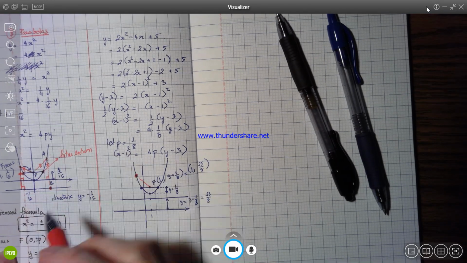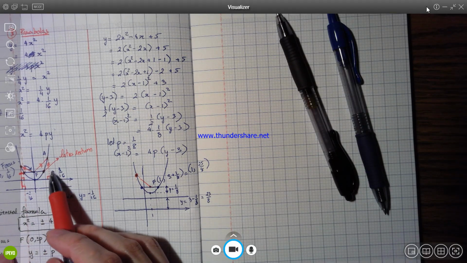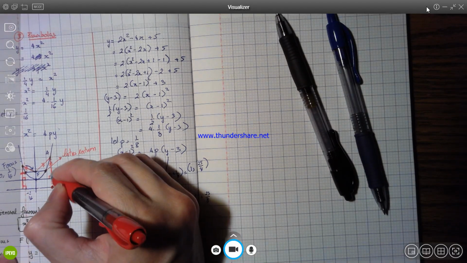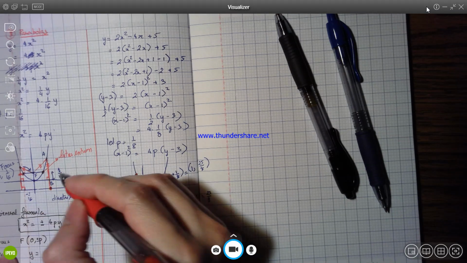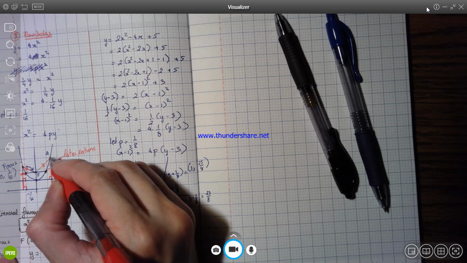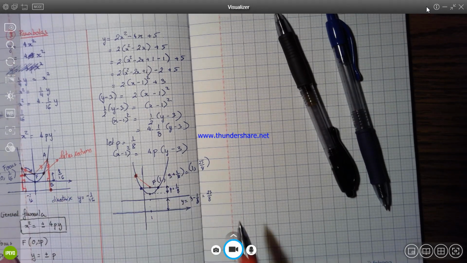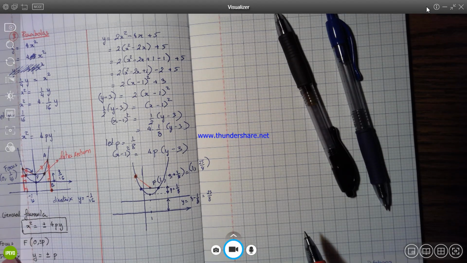Because this is a sketch, you see that it's not to scale, so it's not equal. So FA equals AB. I'm sorry, guys, my picture is not to scale, so it's not good.